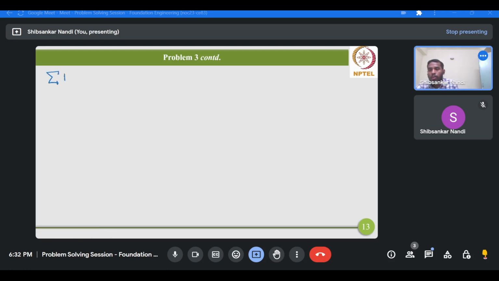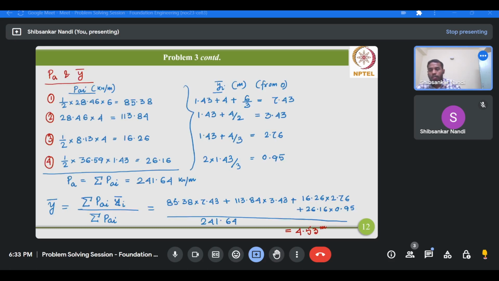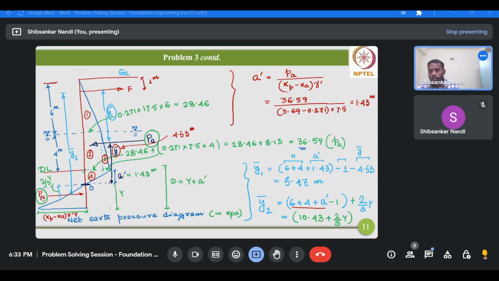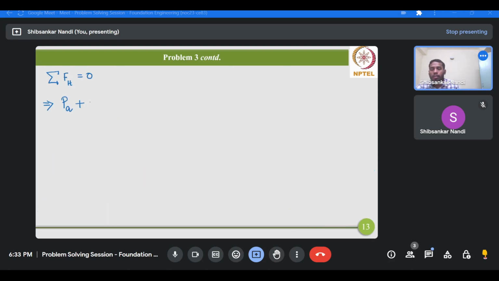First, for the force equilibrium in the horizontal direction, we get PA minus PB minus F equals 0. Therefore F you can calculate from the expression PA minus PB.